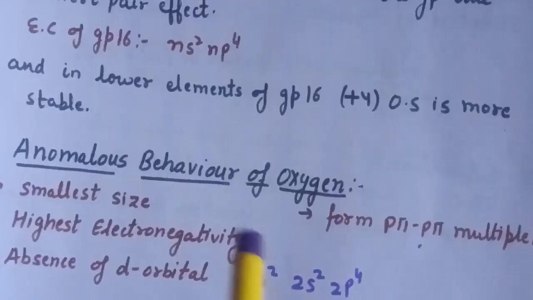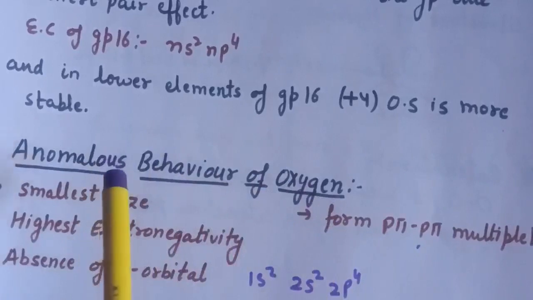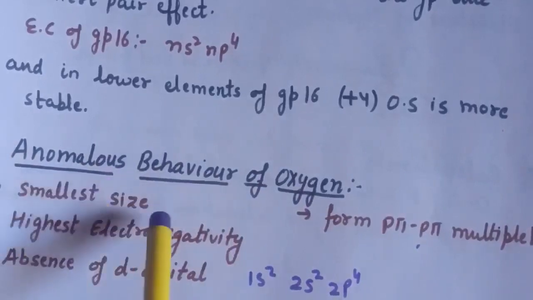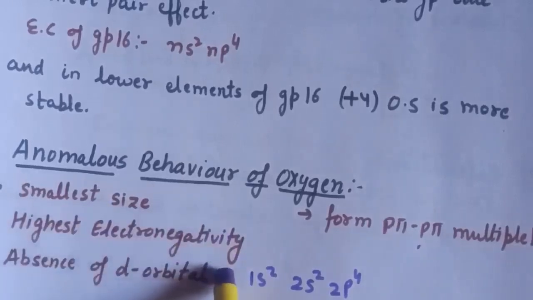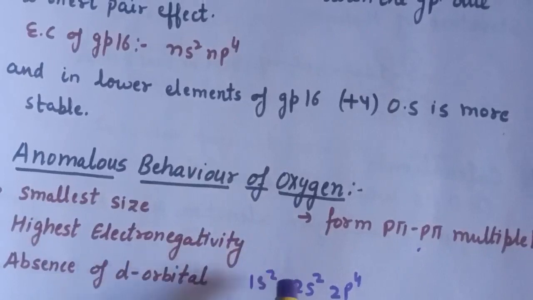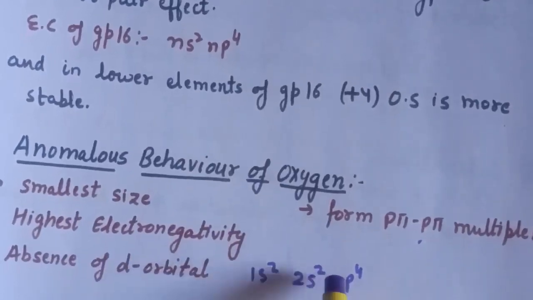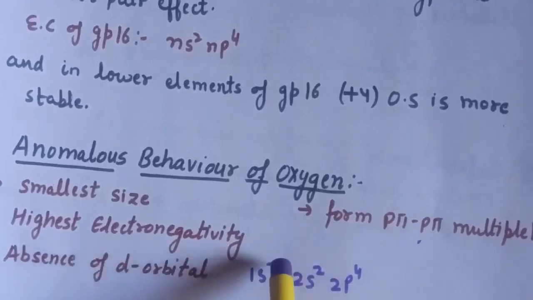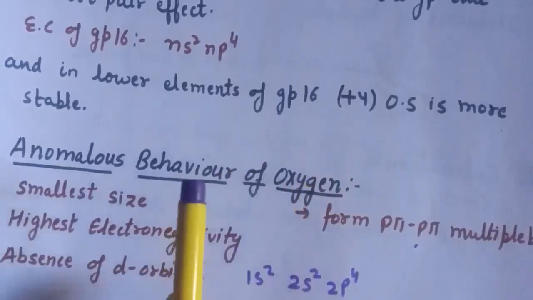So next we have anomalous behavior of oxygen. Oxygen being the first member of group 16, it has smallest size, highest electronegativity, and absence of d orbital, because electronic configuration is 1s2, 2s2, 2p4. So for n equals 2, d is not possible. That is why there is absence of d orbital in case of oxygen, whereas other members have d orbitals.